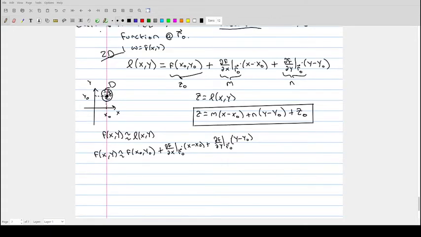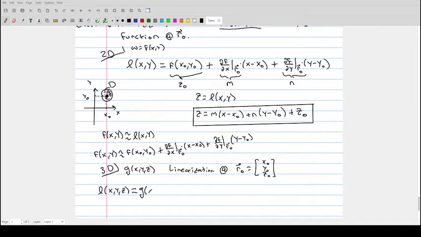I definitely do want to write down, though, what happens for the linearization for a function of 3 variables or any more number of variables. Let's say you have a function g of x, y, and z. Then the linearization for a function of 3 variables is going to be found in the exact same way. It's equal to the linearization at the point r naught in 3D, which is x naught, y naught, z naught.